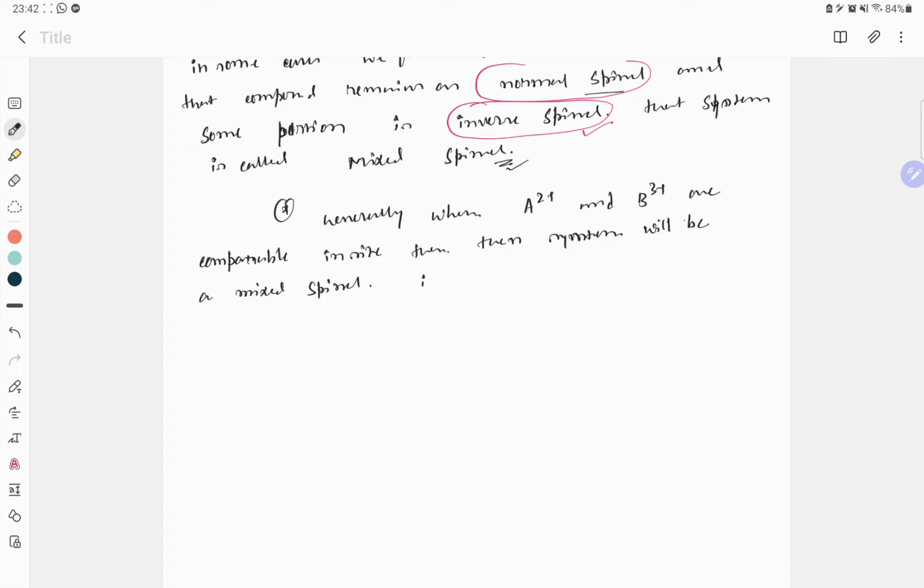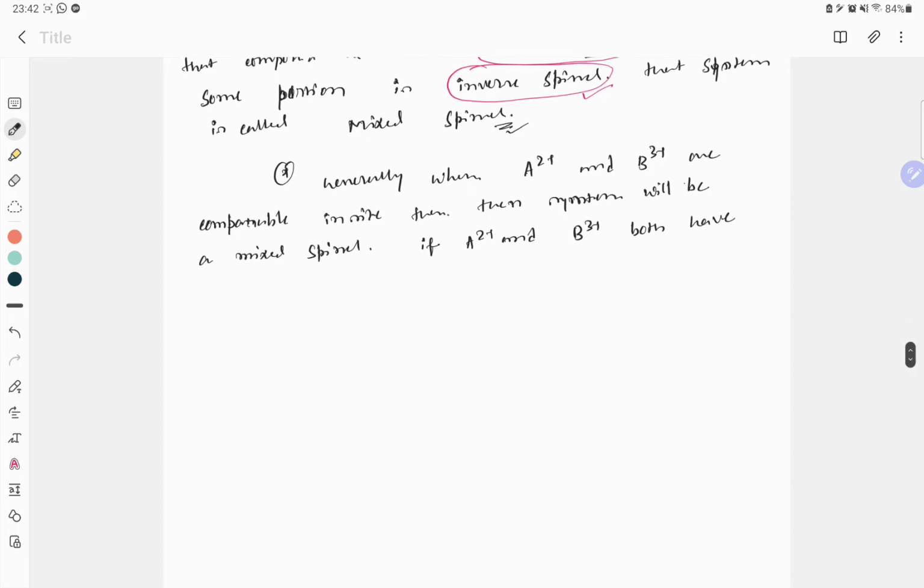The condition is that A2+ and B3+ both have the same CFSE energy.